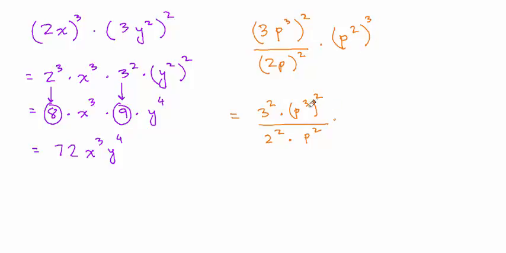Let's simplify this in the next step along with this one. So I'm just going to keep that as p squared raised to the third power. So this is going to be equal to 3 squared is 9, p raised to the 3 times 2, which is 6. So we have p to the 6th over 2 squared is 4, p squared times p raised to the 2 times 3, which is 6 again.